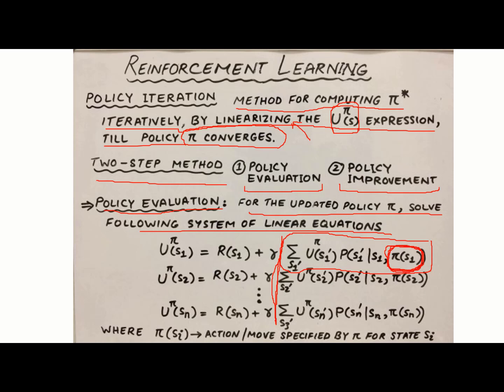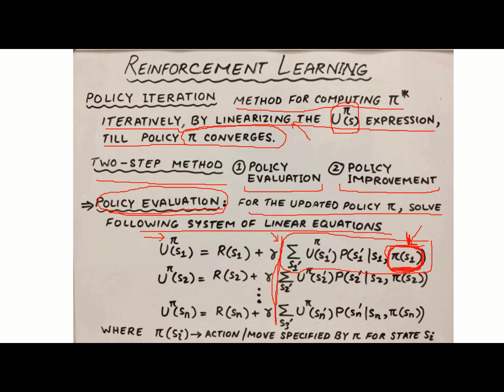So the moment we have dropped the maximization operator, we don't know the best action for that state, but we know the action dictated by the updated policy. And this updated policy was obtained from the previous iteration. So in policy evaluation, we are going to fix this pi, and the action is dictated by the policy.